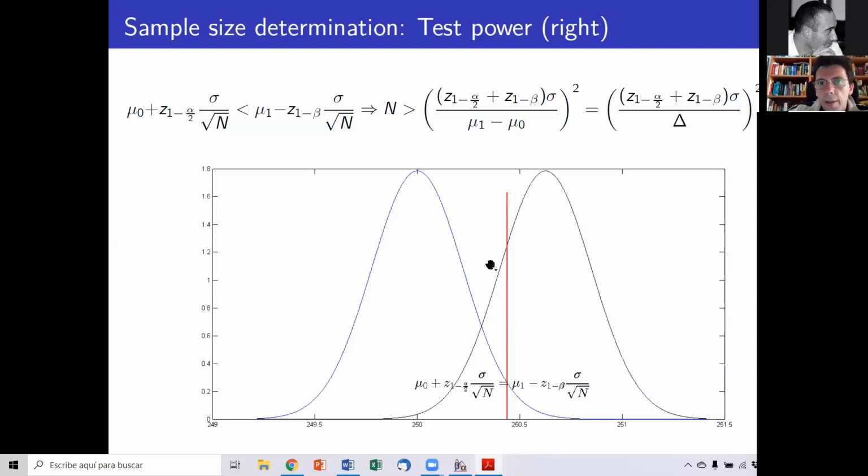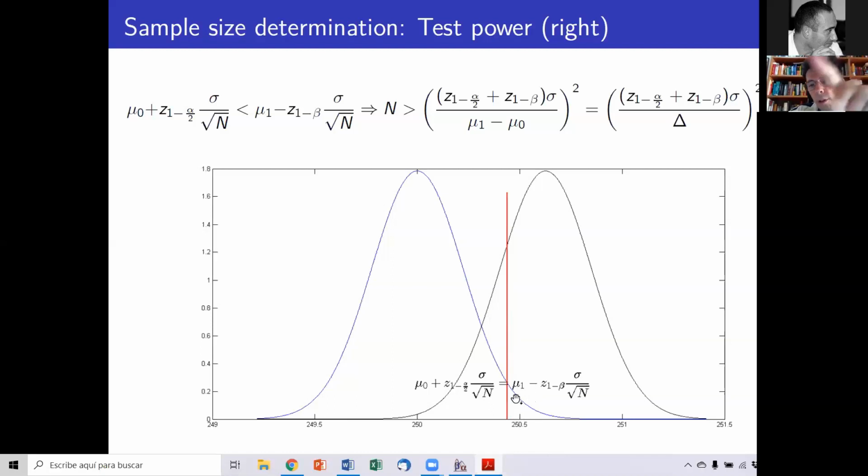So when I collect the data, I will reject the null hypothesis if the z-score goes beyond 1.96. So I could translate this 1.96, this is z here, I don't know if you see my cursor, but this z of 1 minus alpha half is the 1.96. So if the mean that I observe is beyond this point, this specified concentration, that is 250, plus 1.96 times my uncertainty, and that is this red line.